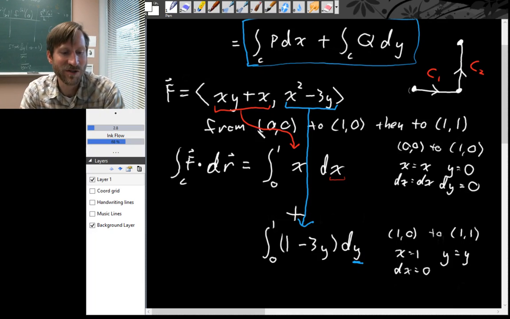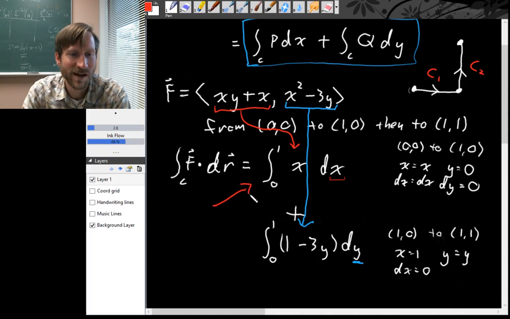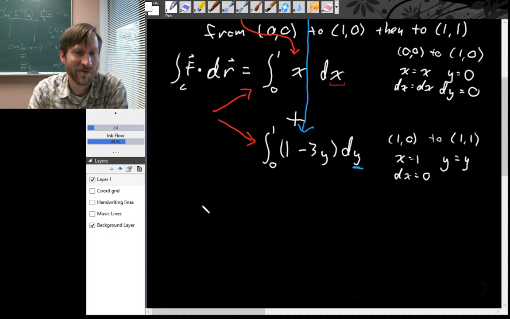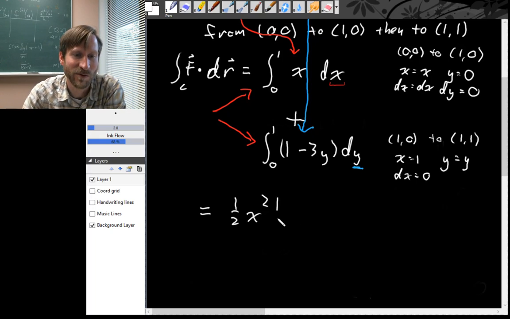Now both of these integrals, both the x integral there and the y integral here, are pretty straightforward. You might even be able to do them without any work, but I'll write out a little bit. The integral of x with respect to x is 1/2 x squared, from 0 to 1, plus, now we'll do our y integral.